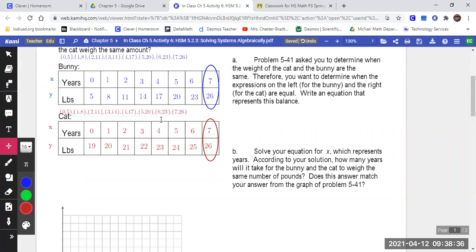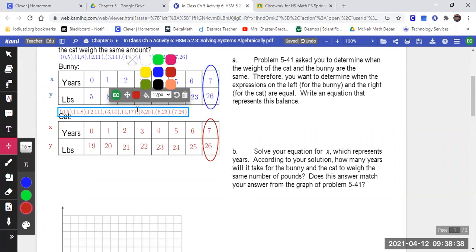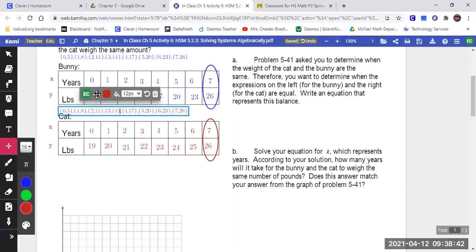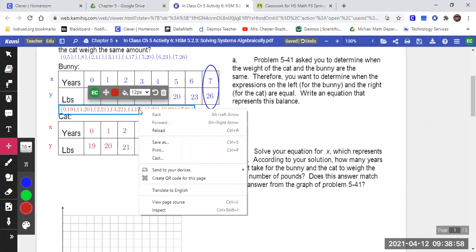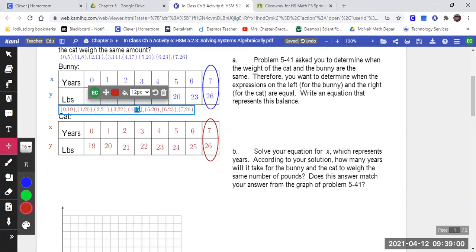Don't work hard, work smart. Since you already have it formatted, all you have to do is change the y numbers to the cat's numbers: 19, 20, 21, okay? Use your cut and paste ability to make it quicker.